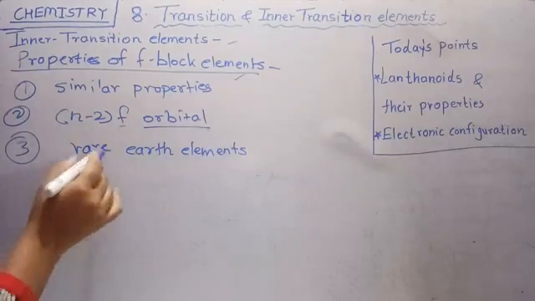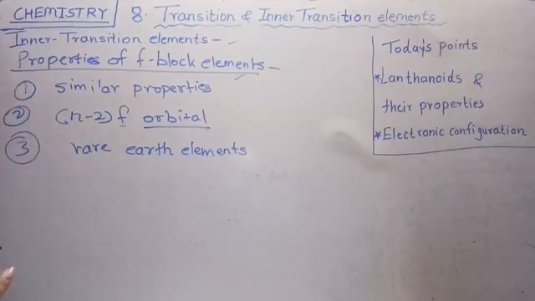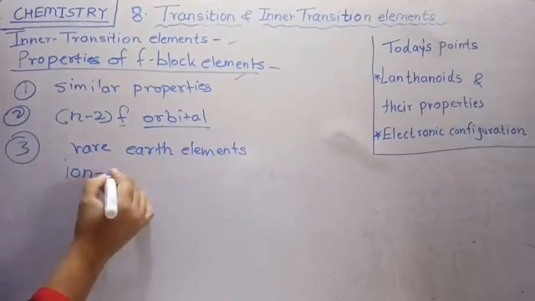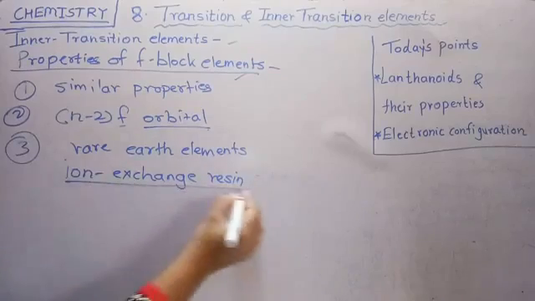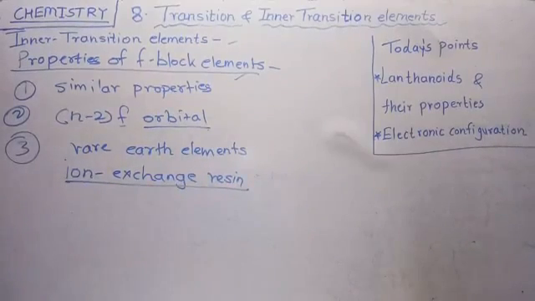But this was a long time ago. Today it is much easier to separate them. There is a new method to extract them called ion exchange resin. According to this method, the lanthanides are easily extracted from one another.